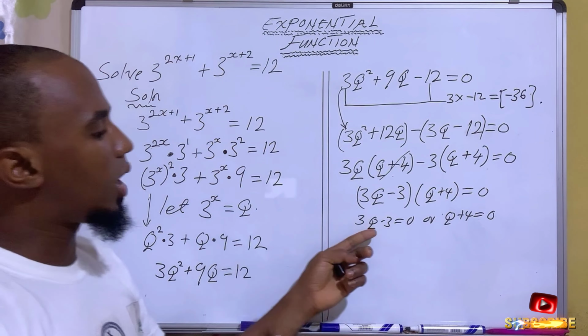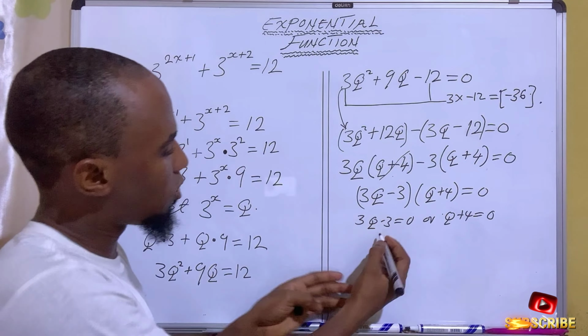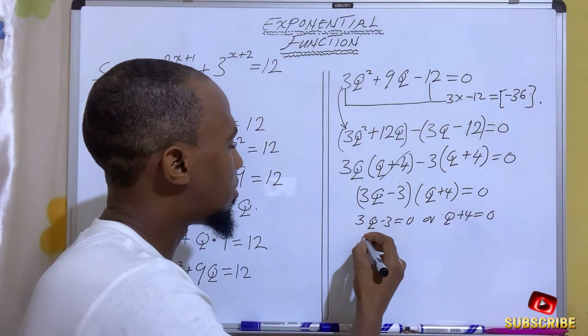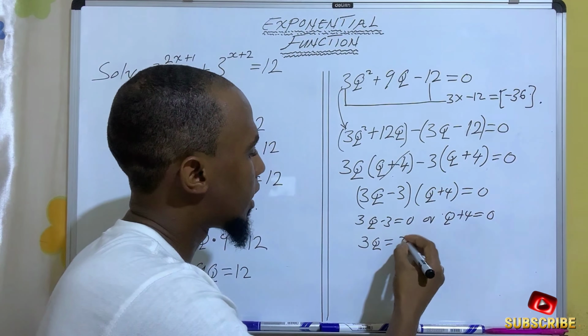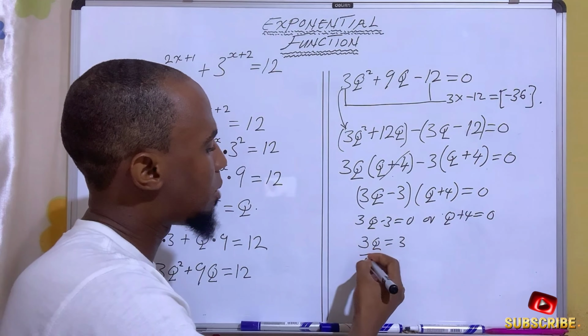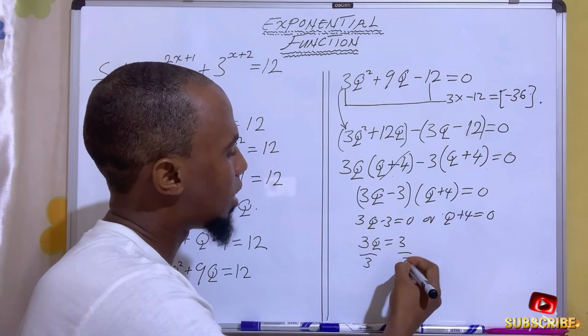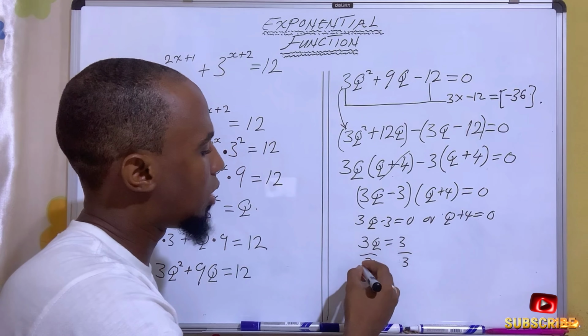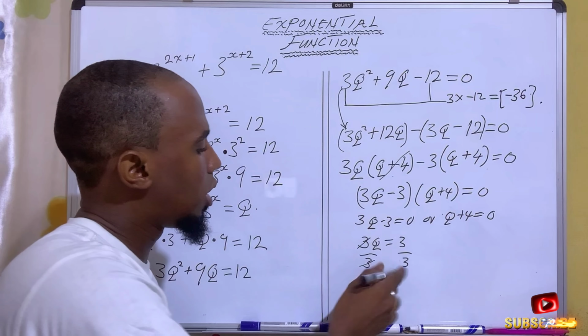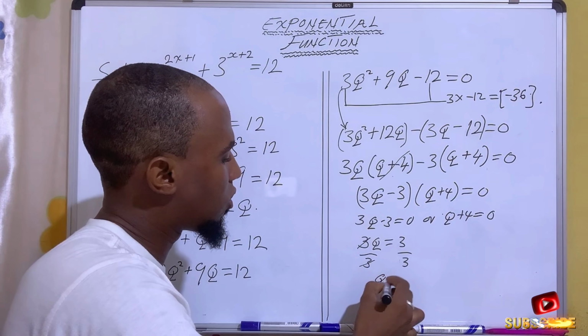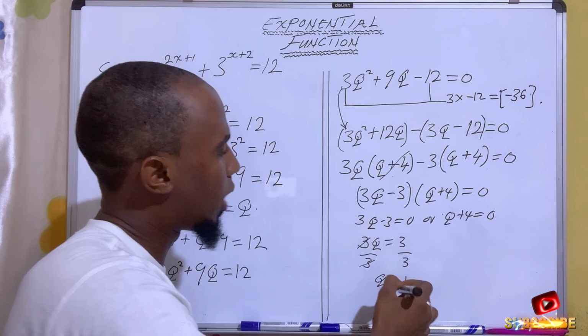Now let's try to collect the like terms here. This is going to be 3q equals to 3, divide both sides by 3. Then we have this cancel that. Our q is going to be equal to 1.